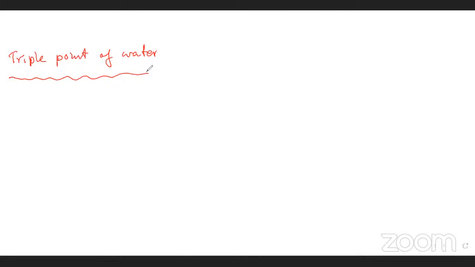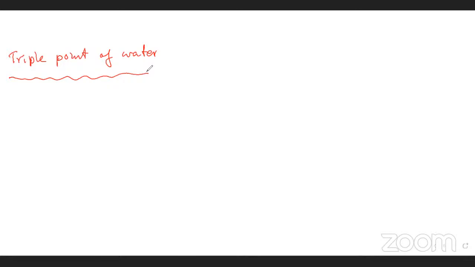So that temperature we call the triple point. That value we can use to describe the thermometer temperature scale because it is unique.